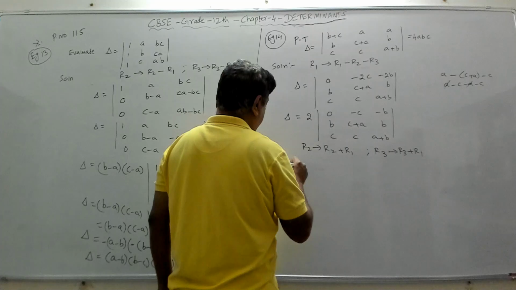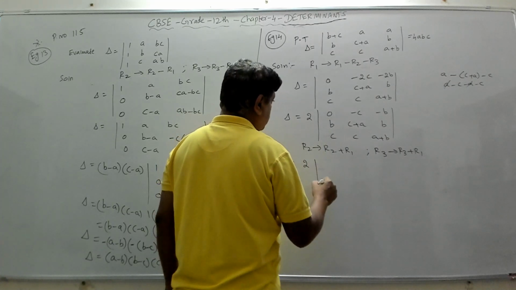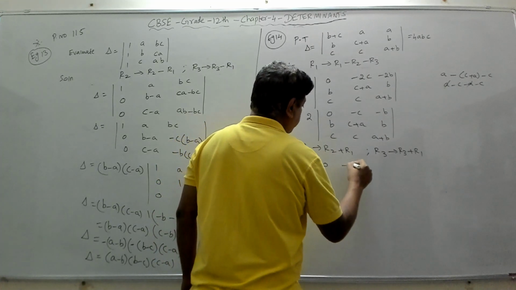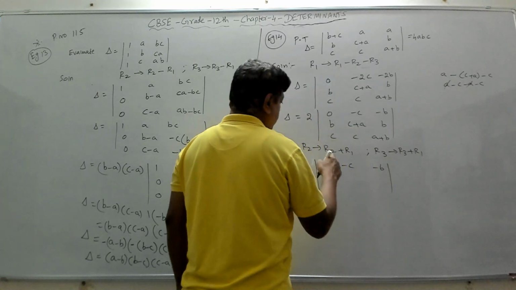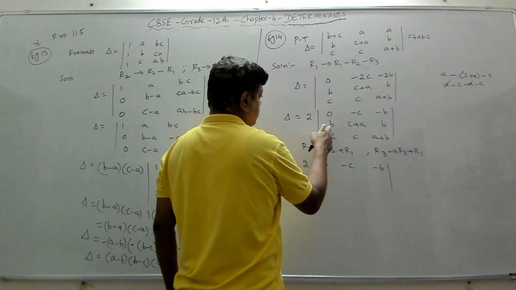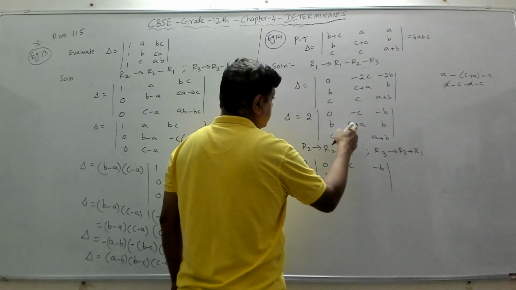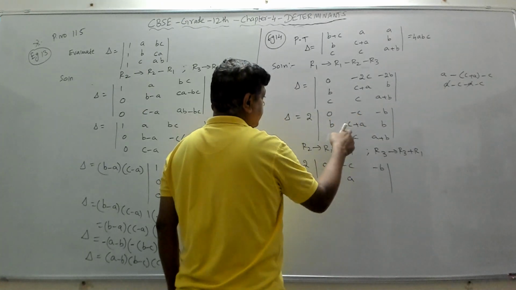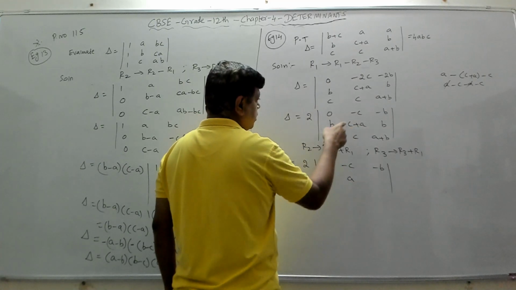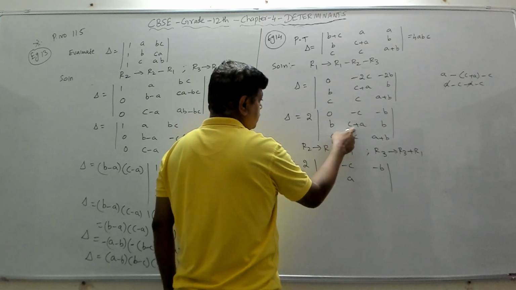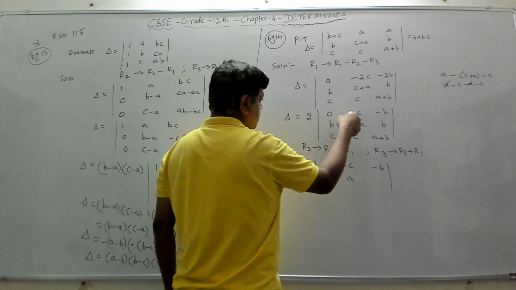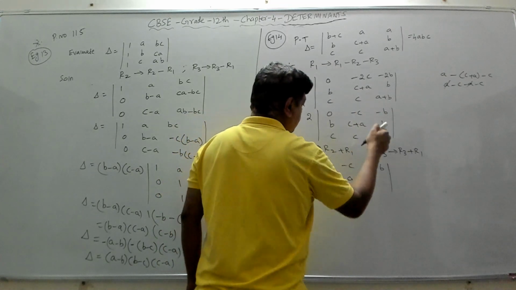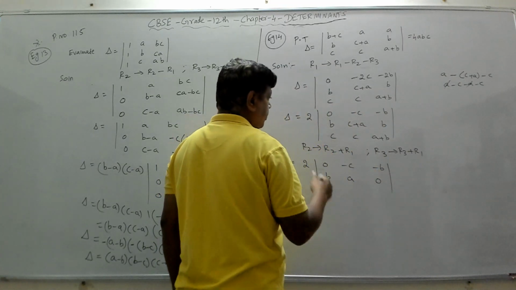So the delta becomes 2 into R1, there is no change: 0, minus C, minus B. R2 will become R2 plus R1. So B plus 0 is B. C plus A minus C is A. If you add these two, C will get cancelled. So C plus A is R2, minus C is R1, so C will go and you'll get A. Then B minus B is 0.